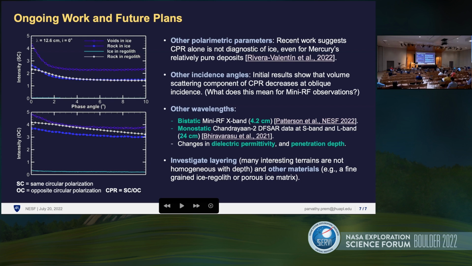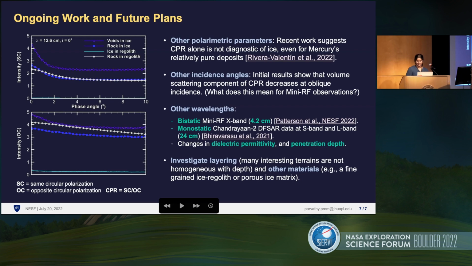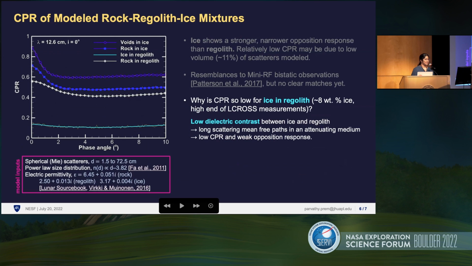I have a question, Parvathy. Go back to your modeling results. Sounds like the ice-bearing materials has much lower CPR than the dry regolith, right? Yes. Why don't we search some very low CPR regions?